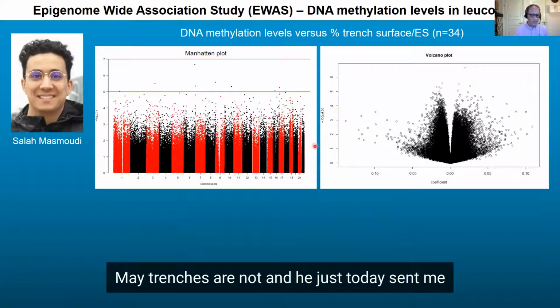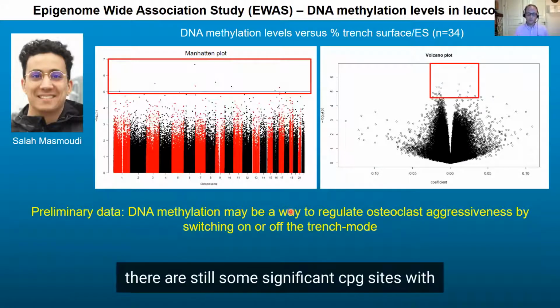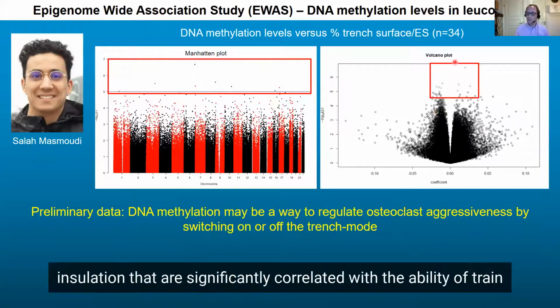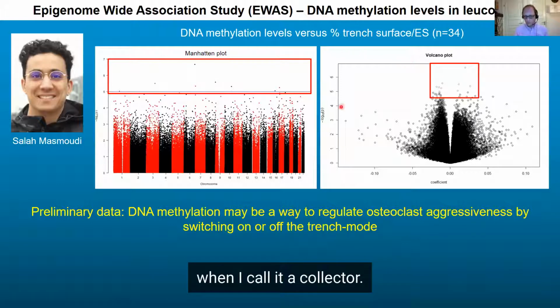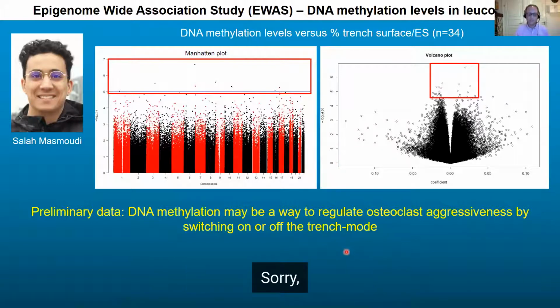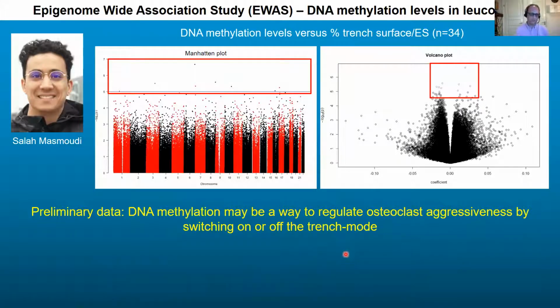And he just today sent me these results showing that although there are not many, there are still some CpG sites with DNA methylation that are significantly correlated with the ability of osteoclasts to make trenches, also when correcting for the false discovery rate.